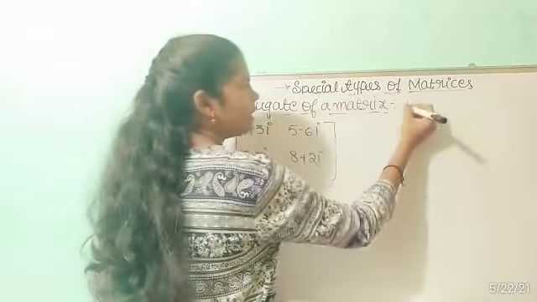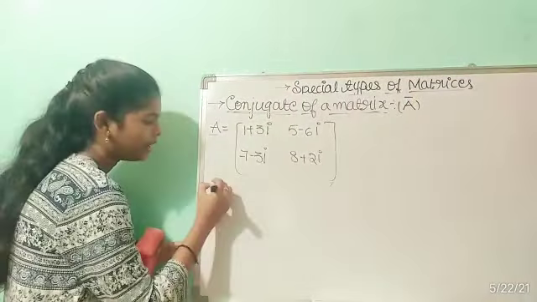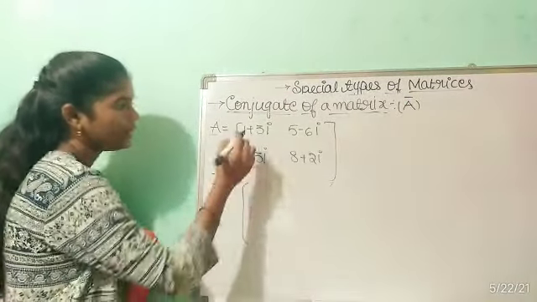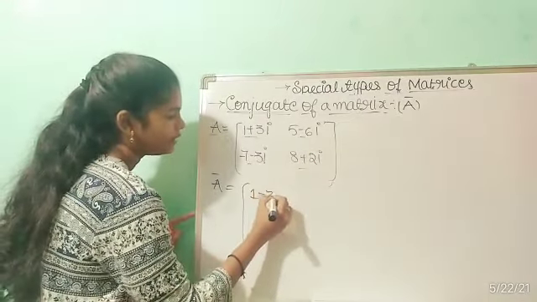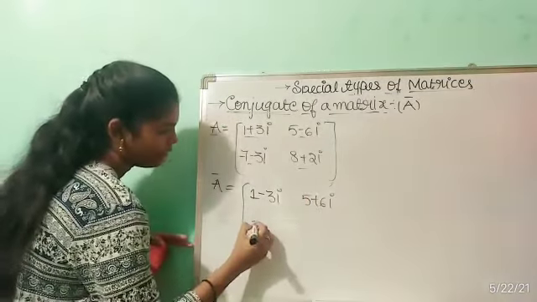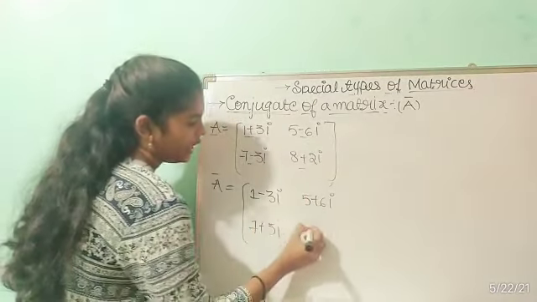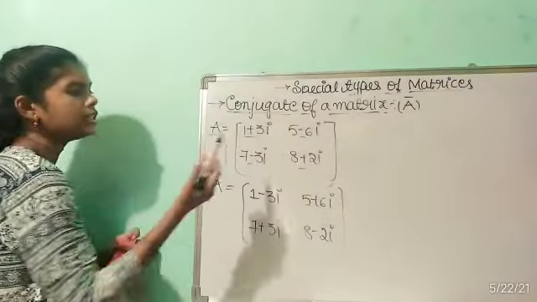The conjugate is represented by A bar. Then A bar will be, we simply have to interchange the signs: [1 minus 3i, 5 plus 6i; 7 plus 3i, 8 minus 2i]. Simply we have to interchange the signs.